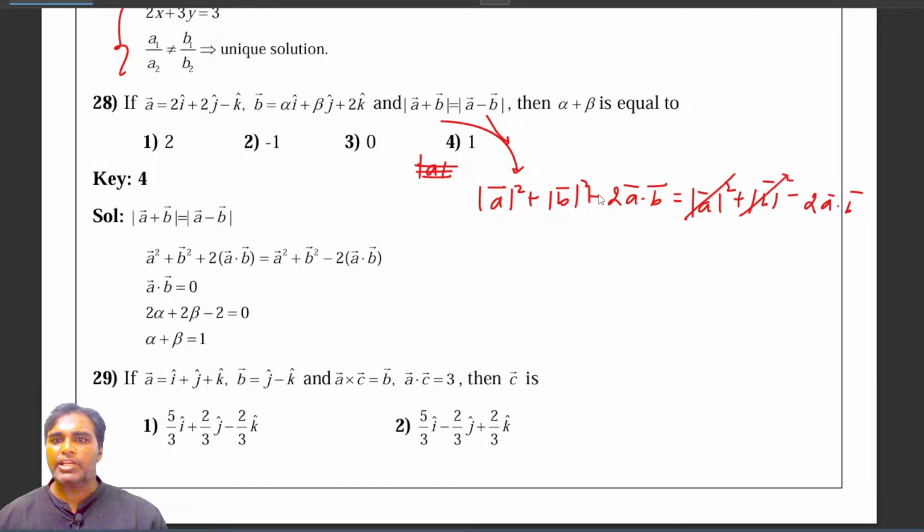So this gets cancelled. So 4a dot b is equal to 0, meaning they are orthogonal vectors or perpendicular vectors.